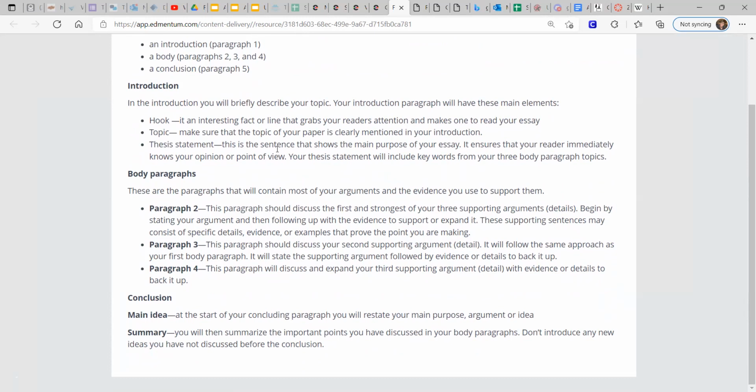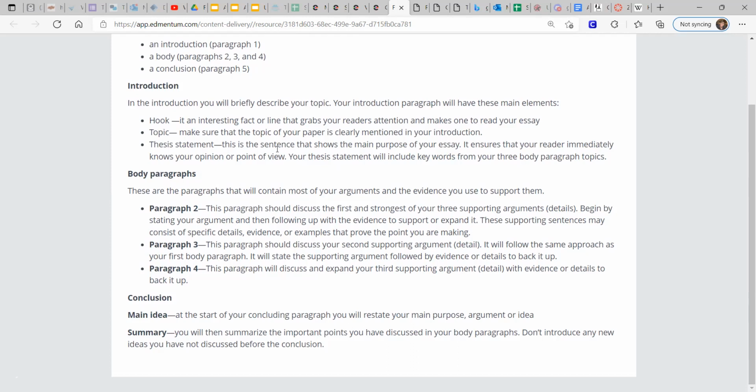So paragraph 2, that will be your strongest supporting argument. 3, a good supporting argument. And then paragraph 4, that will discuss and expand your third supporting argument with evidence or details to back it up. And then conclusion, you get your main idea in there, and then summarize, a good summary.